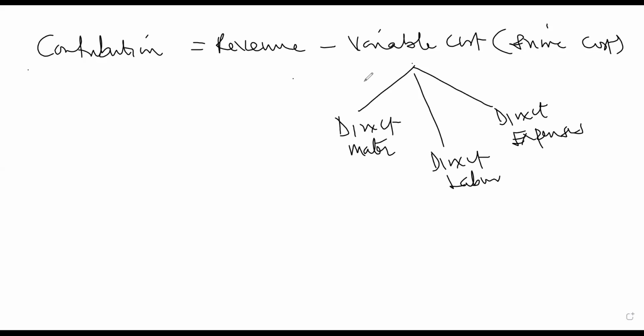So the throughput accounting, what they are trying to say is that whenever we want to value a particular product, we should only base the cost on the major component of the product. So what forms the product is the wood.